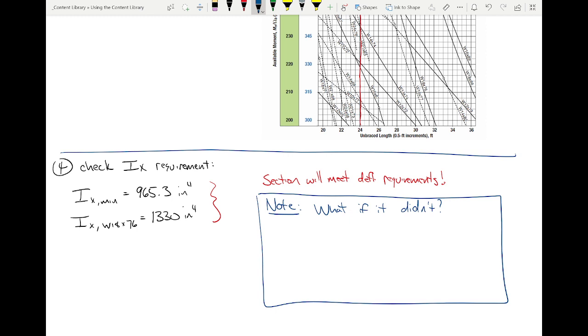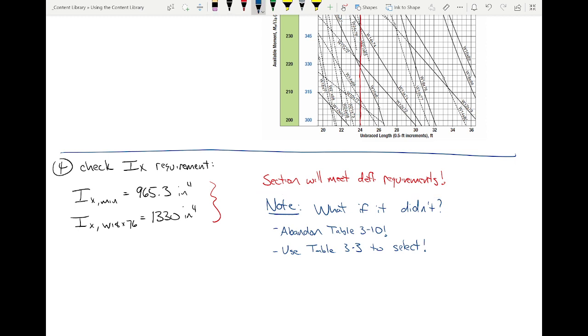I say no. What I would say, abandon table 3-10, use table 3-3 to select. The reason why, here, that box is too big. Let me make that smaller.